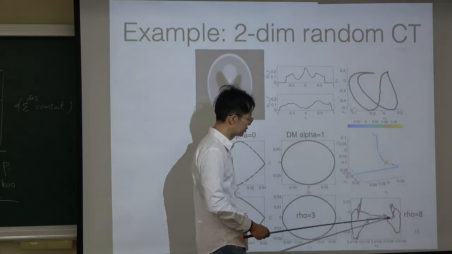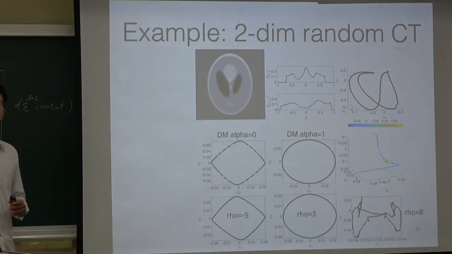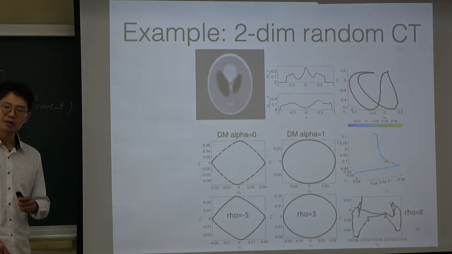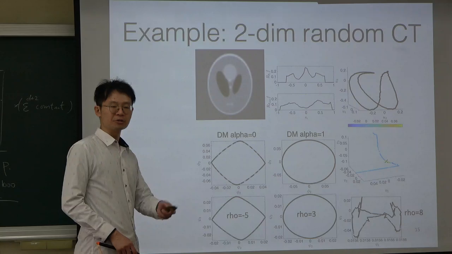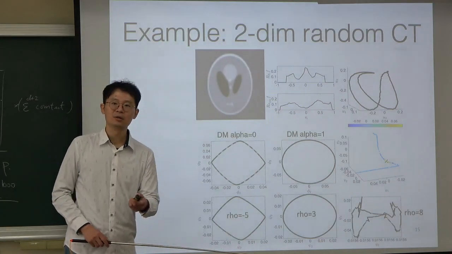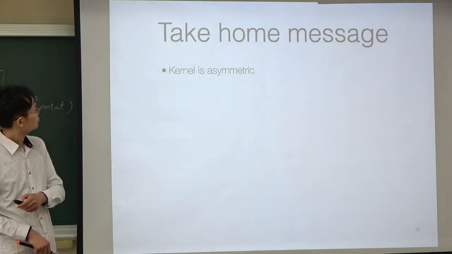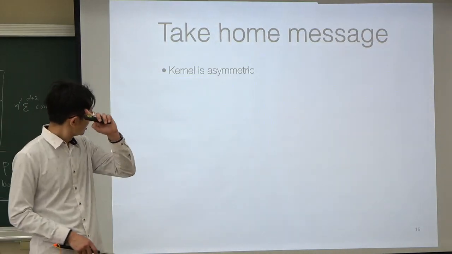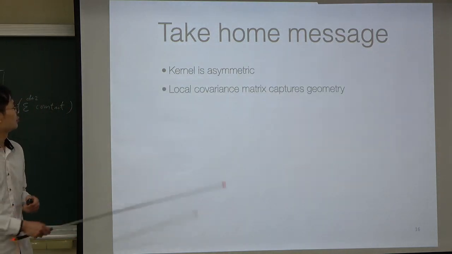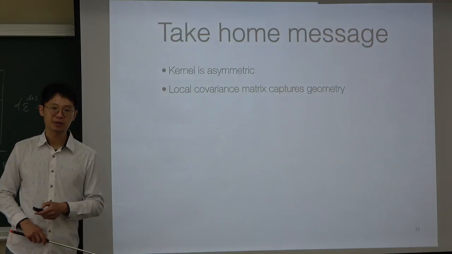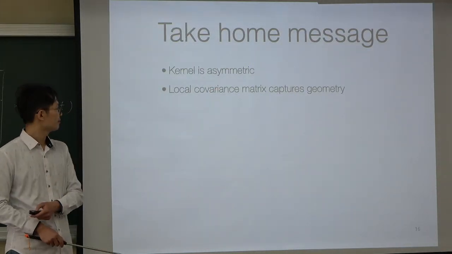It is very strange. Okay, so it suggests that if you do not do the regularization properly, then you run into trouble. And the selection of the regularizer in the original LLE seems to hit the sweet spot so that it performs quite well. So the take-home message is, first, the kernel is asymmetric. The local covariance matrix captures geometry as predicted, as well as the augmented map vector.